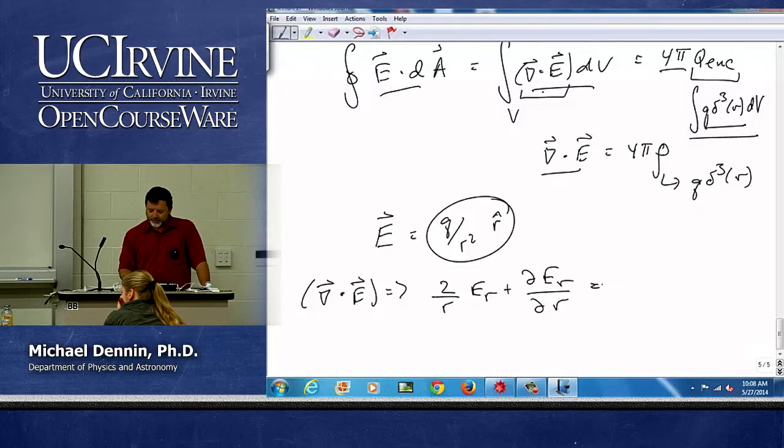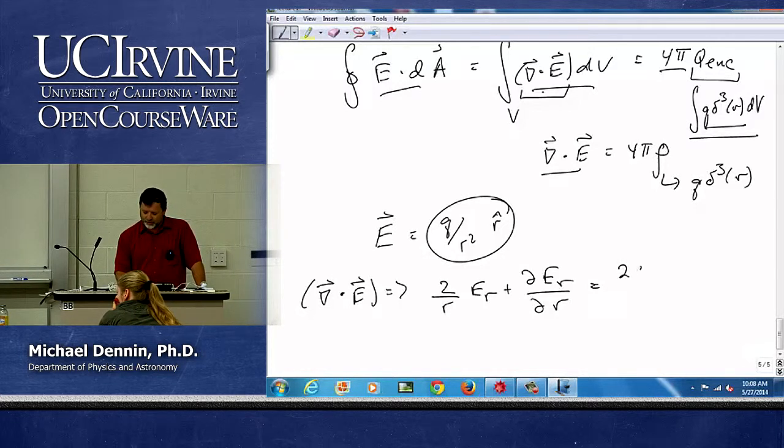2 over r times E sub r is just 2Q over r cubed. And what is d by dr of E sub r? Anyone? If I take the derivative of that with respect to r, what do I get? Not negative 1/3.